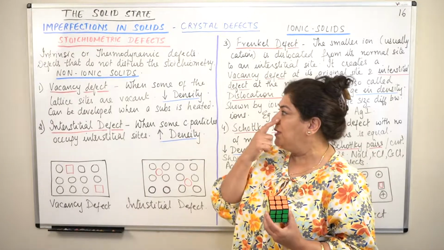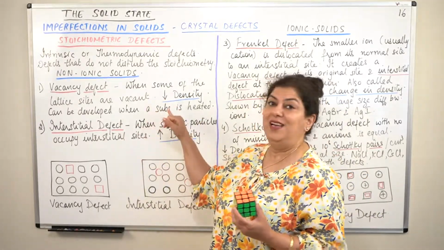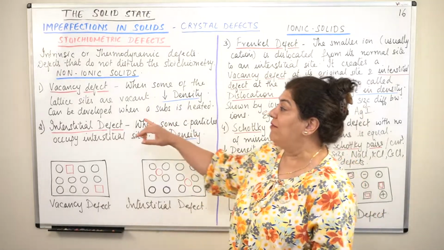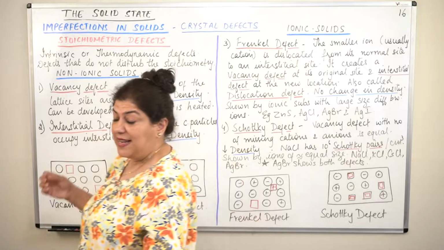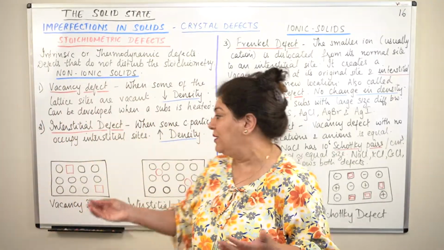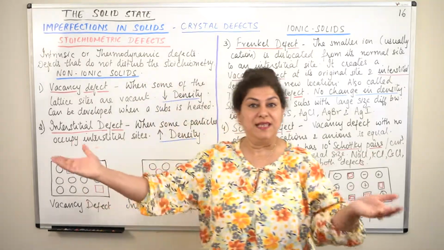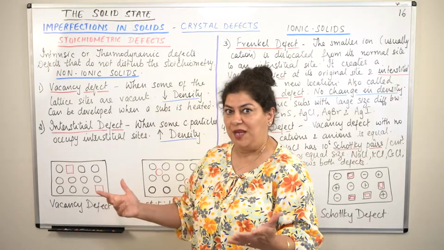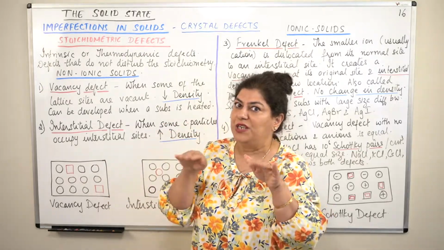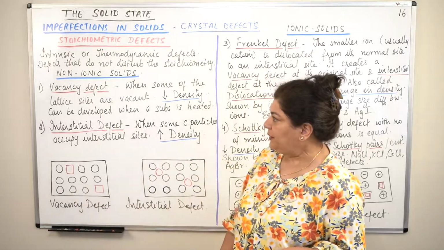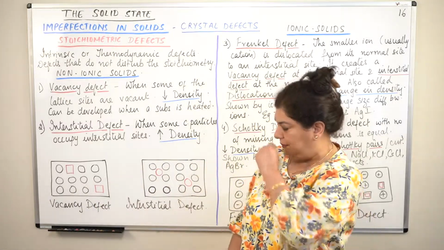So if the mass is less, density will decrease. Whenever you have a vacancy defect, it decreases the density. When the substance itself is missing, the mass goes down and the volume remains the same, so mass per unit volume decreases, causing a decrease in density. So that was vacancy defect.